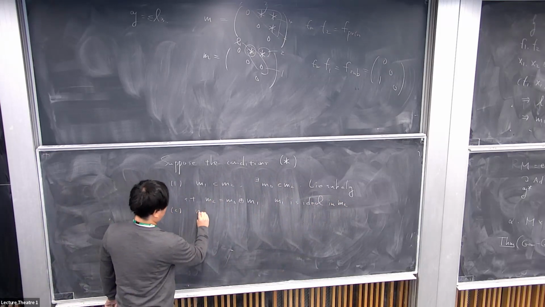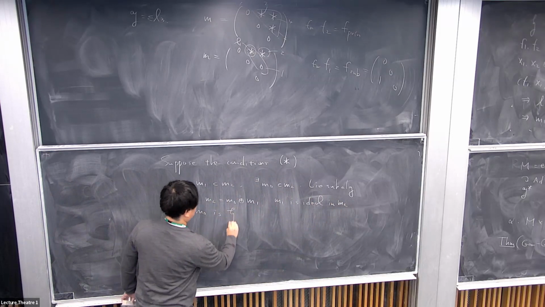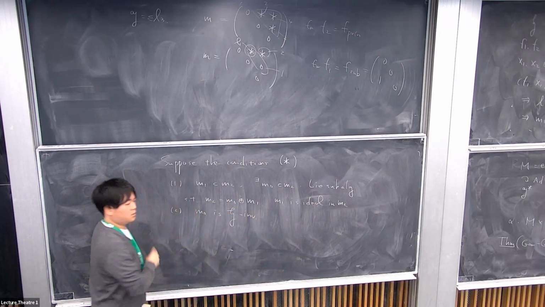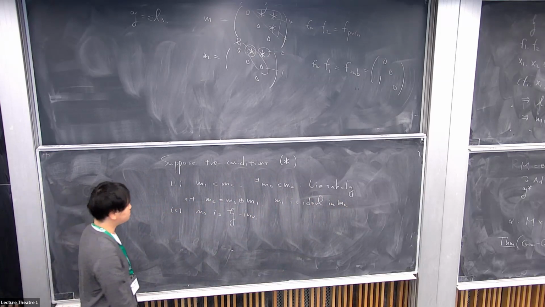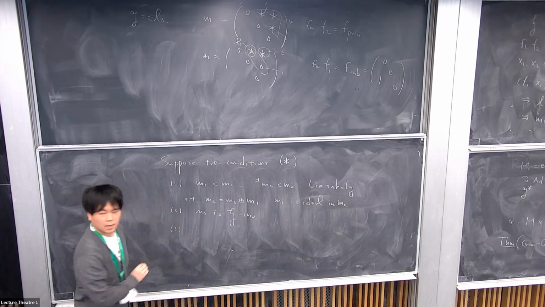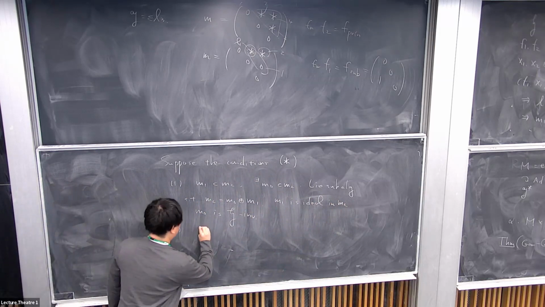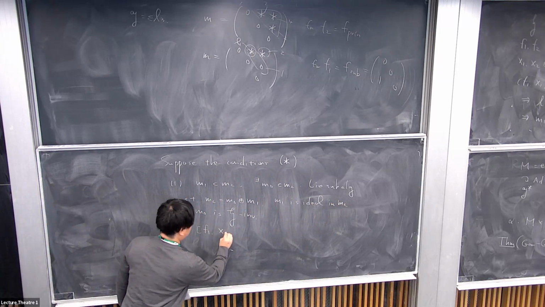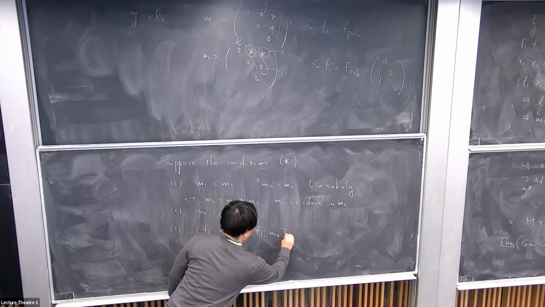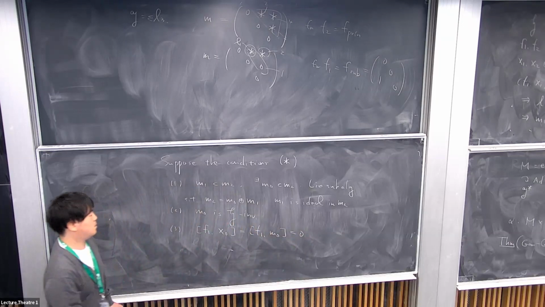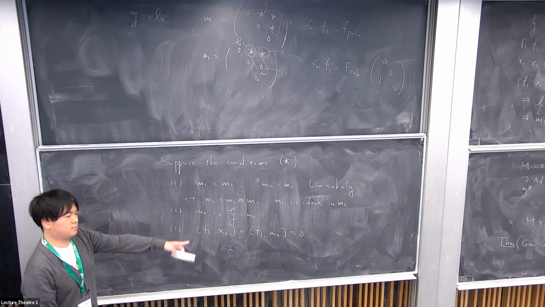The second assumption is that M0 is invariant. This means M0 is spanned by root vectors. Number 3 is much more technical. We assume commutativity of M0 with F1, that is, F1 to M0 and F1 to M0.